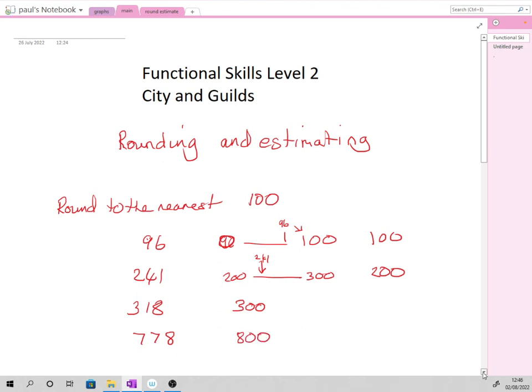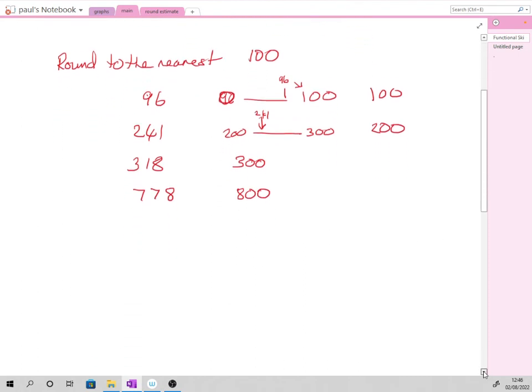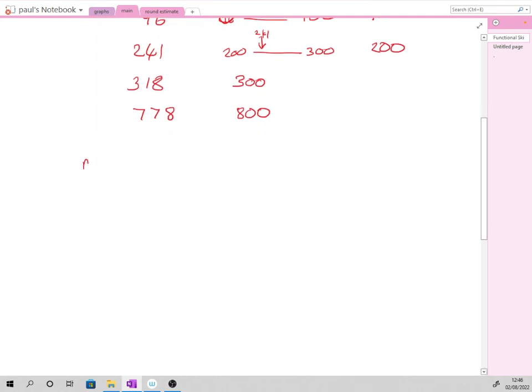And we can round to the nearest 100, and we can round to the nearest 10, and we can say, okay, 14, 38, 52, that would be rounded down to 10, rounded up to 40, and rounded down to 50.